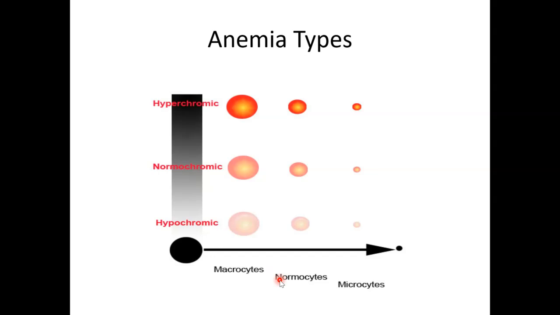So you can see in the chart, something that is normochromic, normocytic. Let's see, color, size. This would be a normal red blood cell. Normochromic, normocytic. And there are plenty of anemias, by the way, that occur and there isn't a change in the blood cell color or the blood cell size.